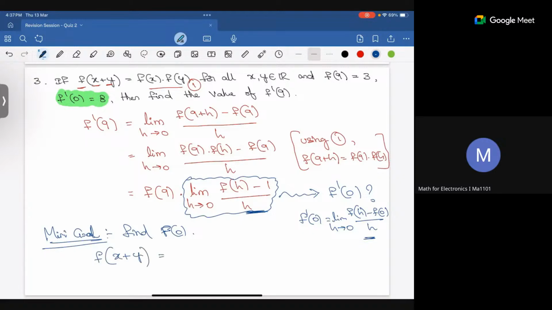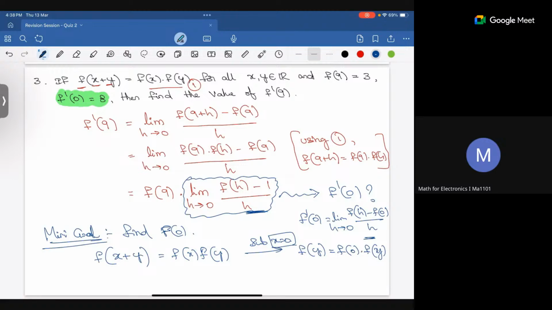f of x plus y is f of x into f of y. Okay, so we substitute one variable, x or y, to be 0. So substitute x equals 0. What will you get? f of y equals f of 0 into f of y. Right?